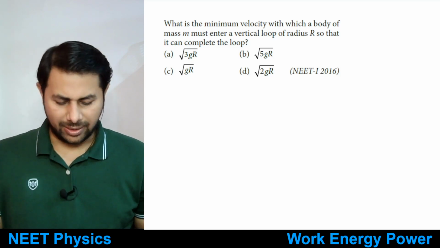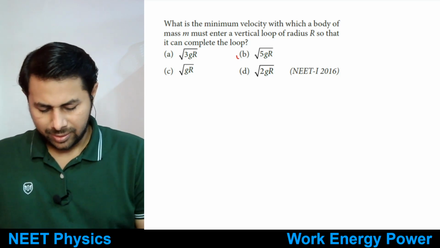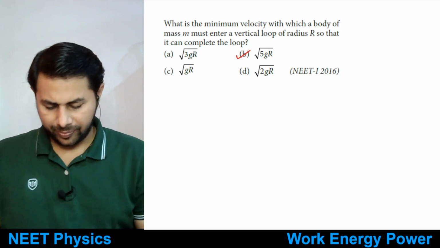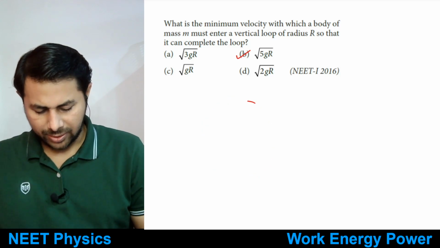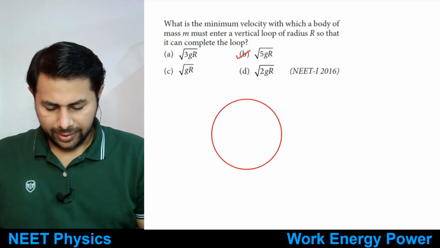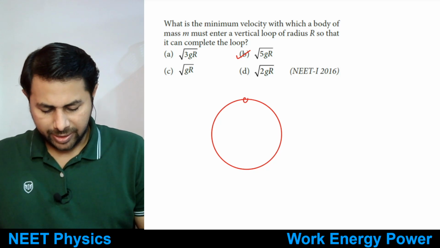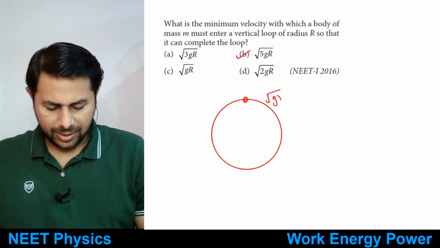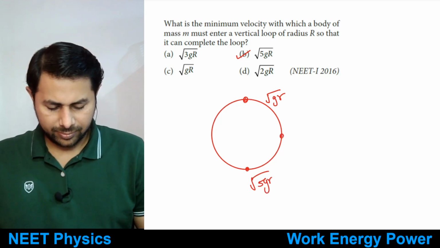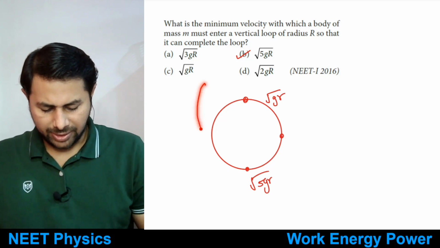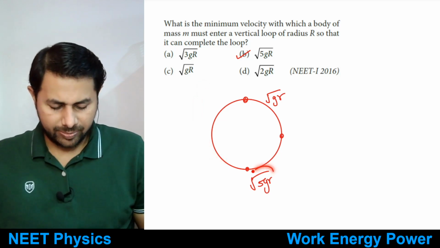Option B, right? Because we have seen that in vertical circular motion, the minimum speed at the top point is root of gr, and at the bottom point it is root of 5gr, and the body must enter with at least this speed.